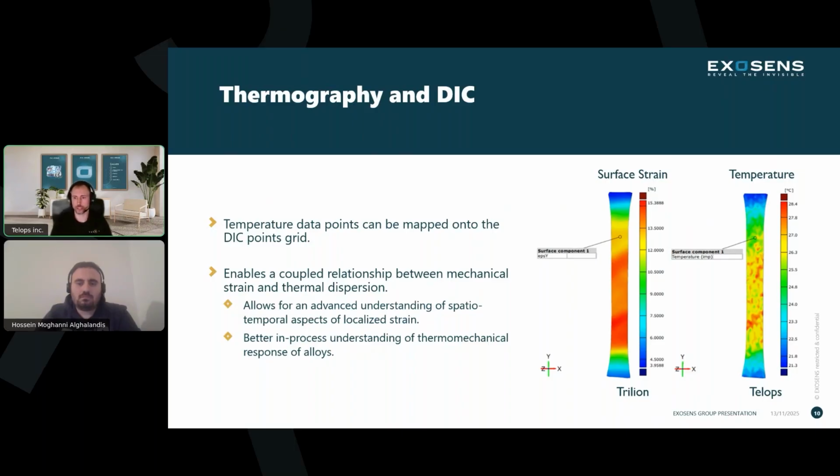And something that you can do is overlay them, and then if you take away the thermal response from that, you can also achieve just strictly the mechanical strain of that sample. And this is something we're getting more into, and we see a pretty good benefit in doing both here.